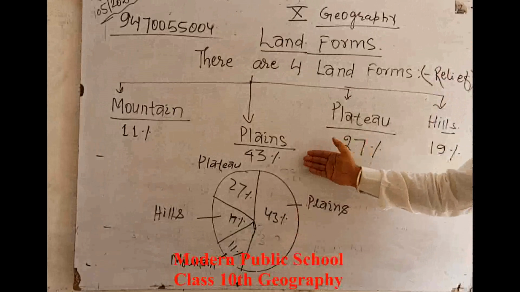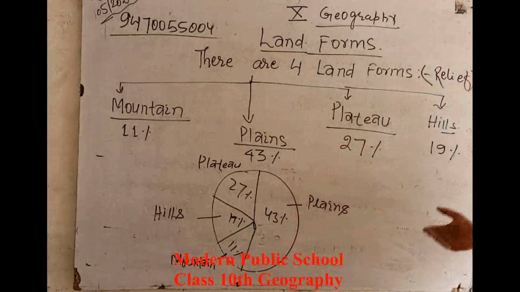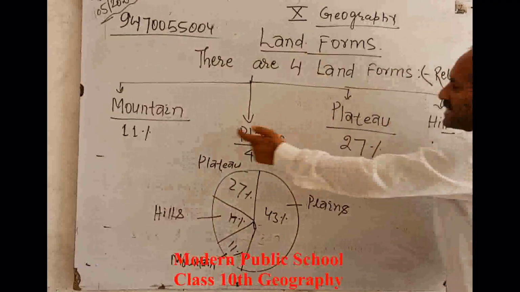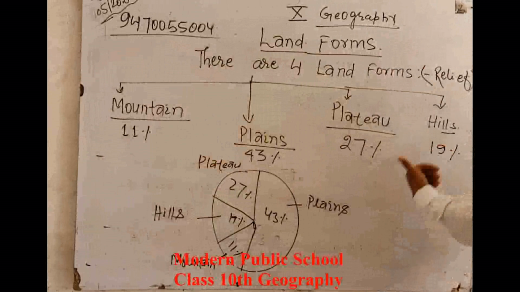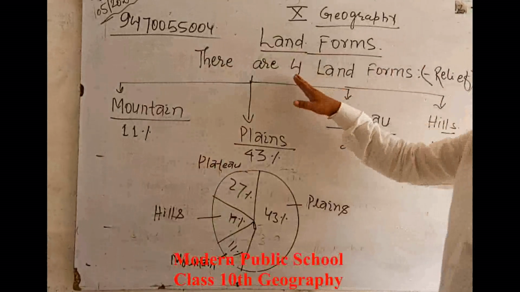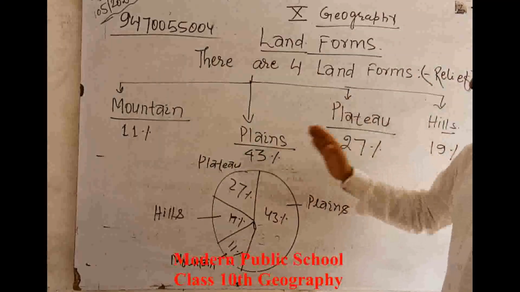The maximum part of our nation is the plains, and the minimum part of our nation is covered with the mountain. Some geographers include mountain and hill together, so they divide landforms into three categories: mountains and hills, plains and plateau.